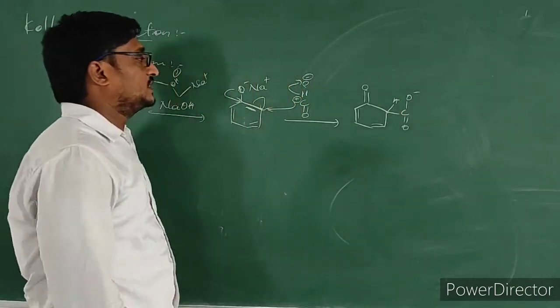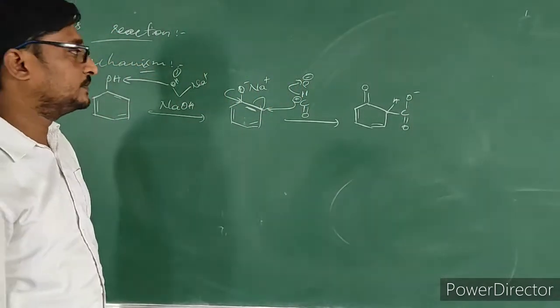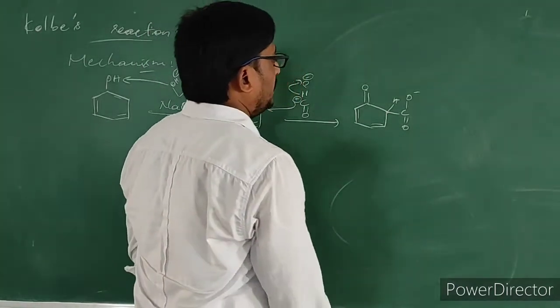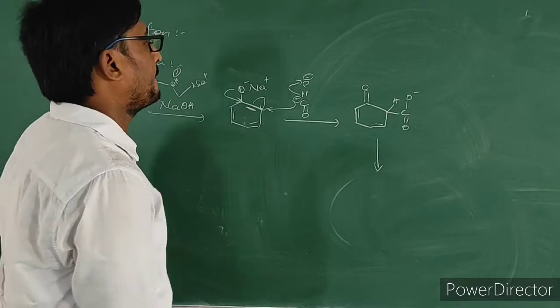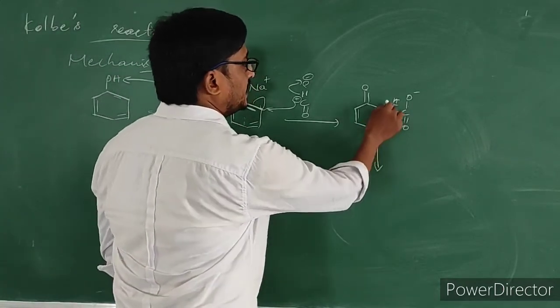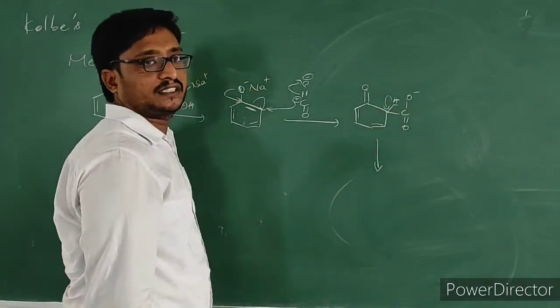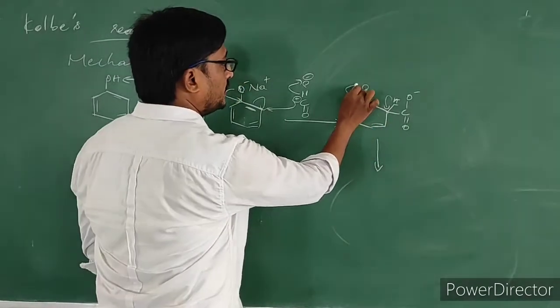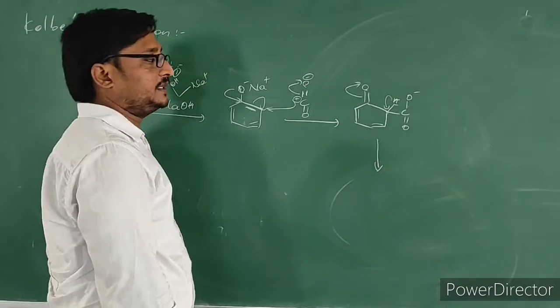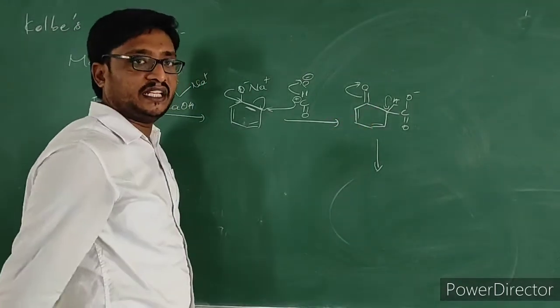It gets produced in this way. Now in the next step, the hydrogen which is present here will come out as H plus, making this carbon negatively charged, and this pi bond will again shift to the oxygen, making this oxygen negatively charged.